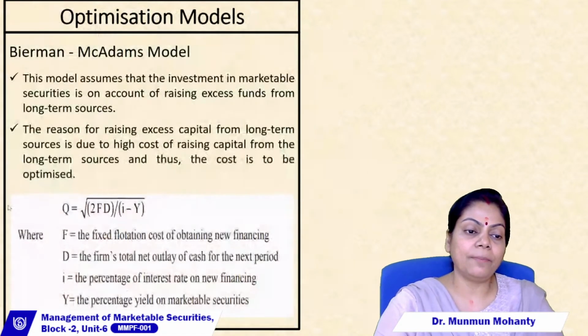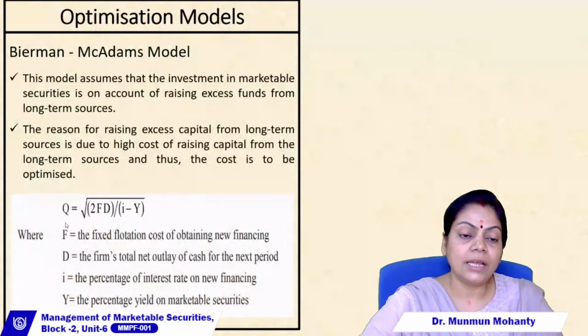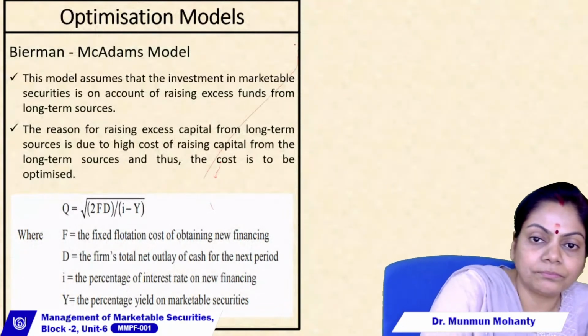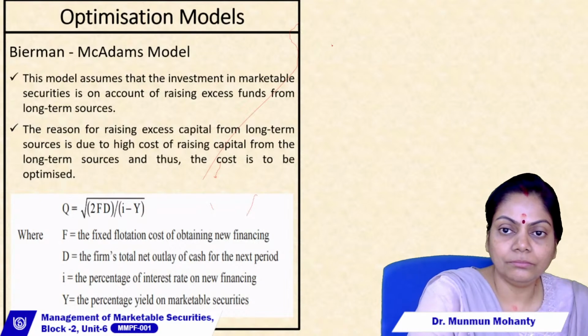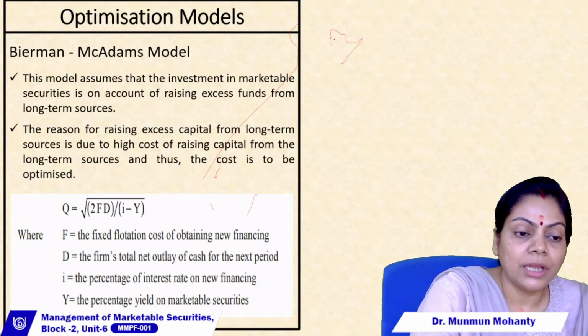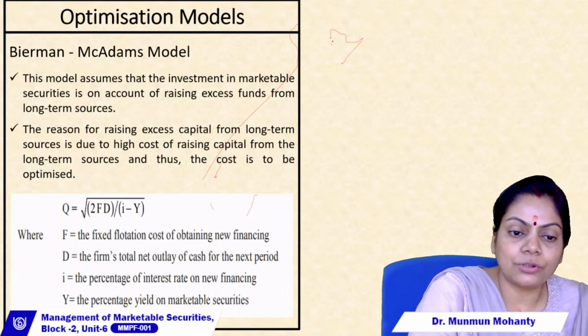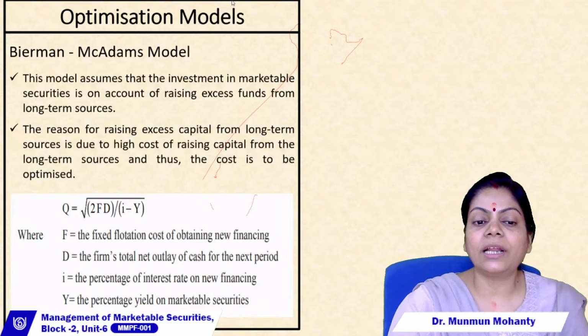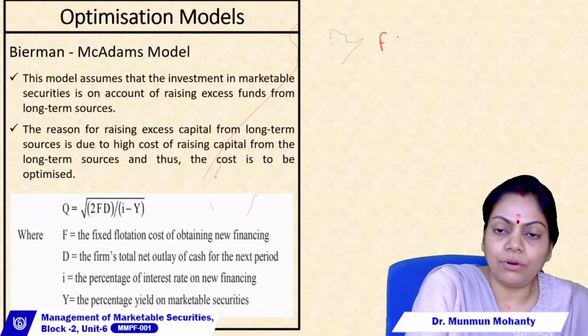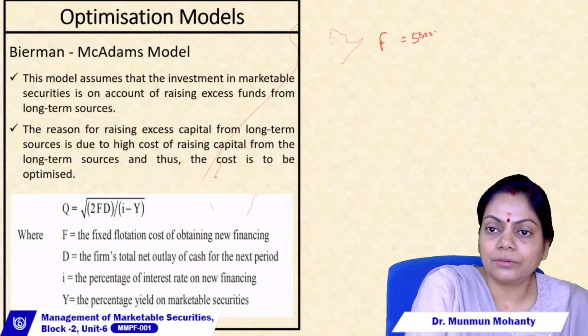Here F is your fixed flotation cost of obtaining the new finance, and D is the firm's total net outlay of cash for the next year. In our example, this flotation cost works out to 50,000 rupees. The F value in our case is 50,000 rupees.